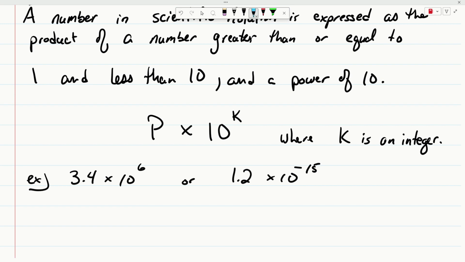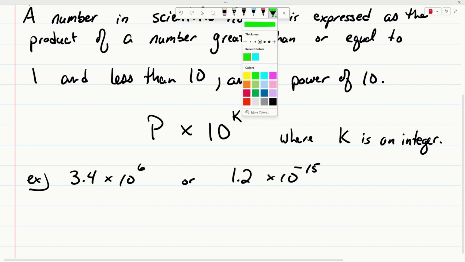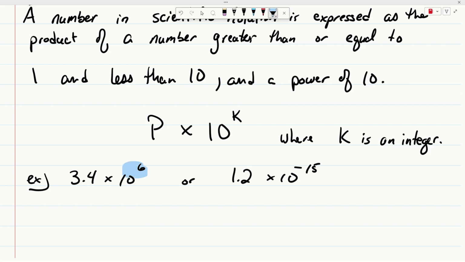And really, what is happening here is this part of the number, regardless of what it is, places our decimal. So if K is positive, it's a large number, and if K is negative, it's a very small number. But it just tells me where to place the decimal.